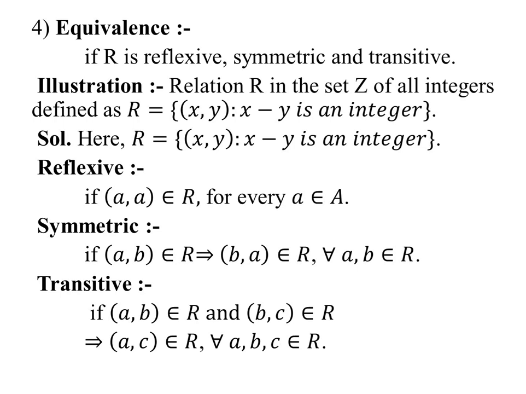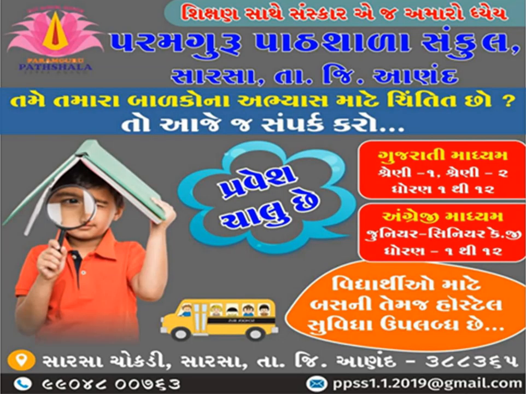So (x, z) belongs to R. Therefore R is a transitive relation. So R is reflexive, symmetric and transitive, so R is an equivalence relation.